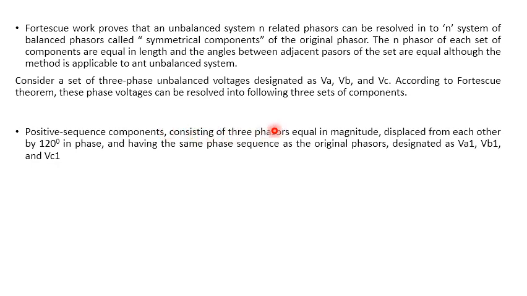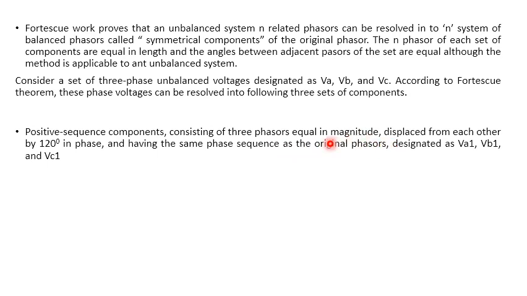It consists of three phases, equal in magnitude and displaced from each other by 120 degrees. Because we are considering a three-phase system, the angle between one and another is 120 degrees, but the magnitude should be the same. It has the same phase sequence as the original phases.